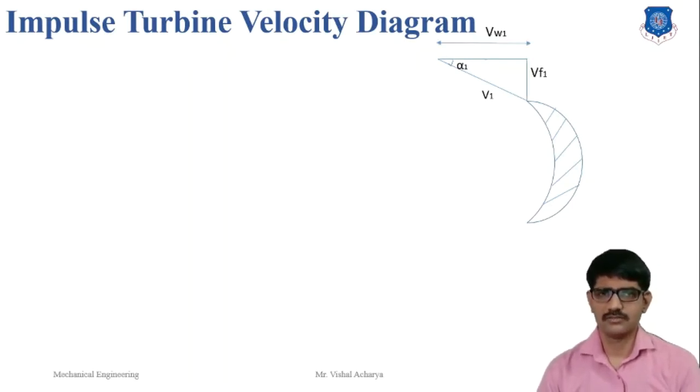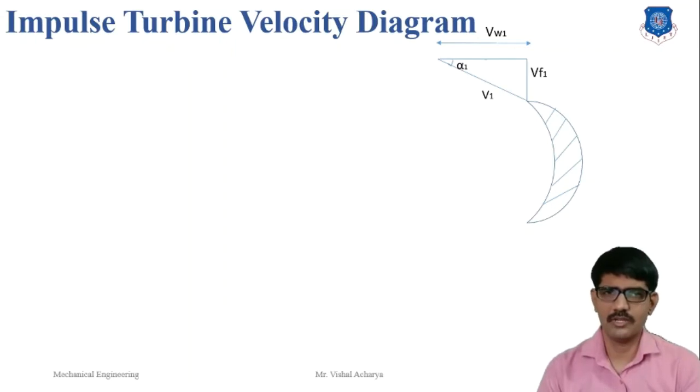There are two components of the absolute velocity. One is the horizontal component, the whirl velocity Vw1, and the axial velocity is Vf1. From the geometry of the triangle, Vw1 is equal to V1 cos alpha 1 and Vf1 is equal to V1 sin alpha 1.